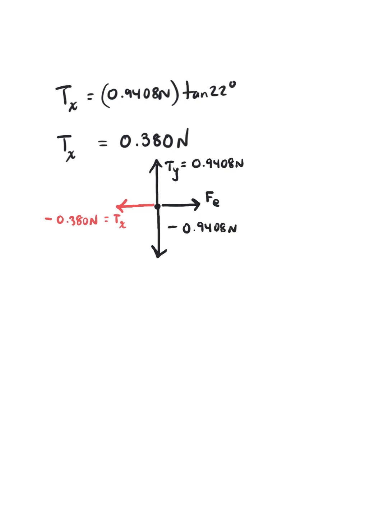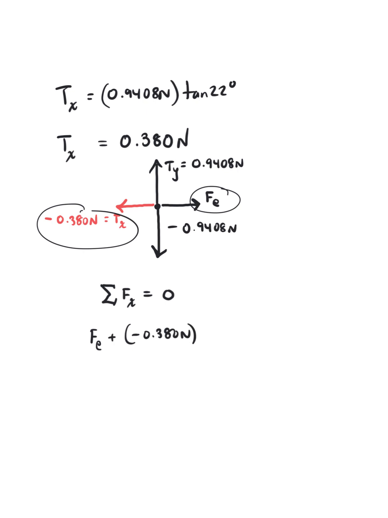Now, in order for the sphere not to move and for it to be in equilibrium, not only does the sum of forces in the y direction have to be 0, but the sum of forces in the x direction also has to be 0. So we can go ahead and add up the forces in the x direction and set that sum equal to 0. So we have the electrostatic force acting on the sphere plus negative 0.380 newtons, that's the x component of the tension force, and all of that has to equal 0.